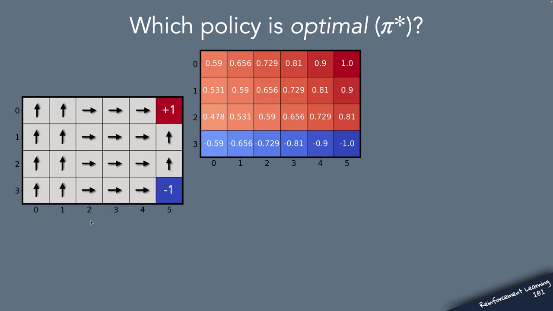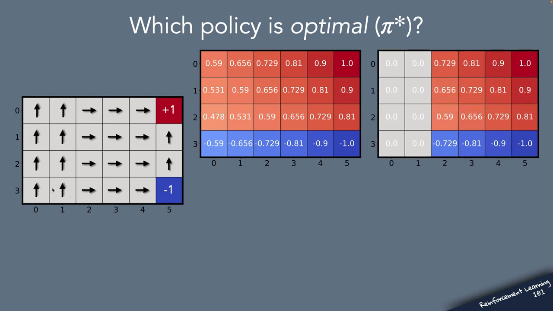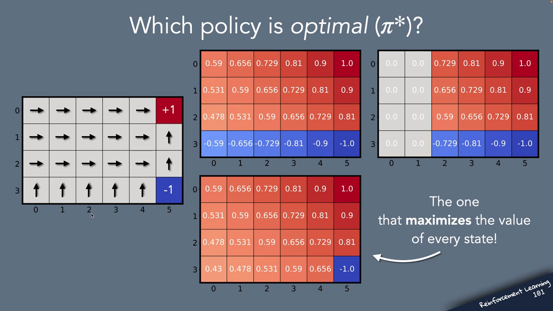This policy is also not optimal because in those states over here, they lead us nowhere and the agent ends up receiving no reward. So the value of being in those states is 0. But this policy is one of the optimal policies because from any starting state, it gets us to the +1 reward. And not only that, it gets us there in the smallest possible number of steps.